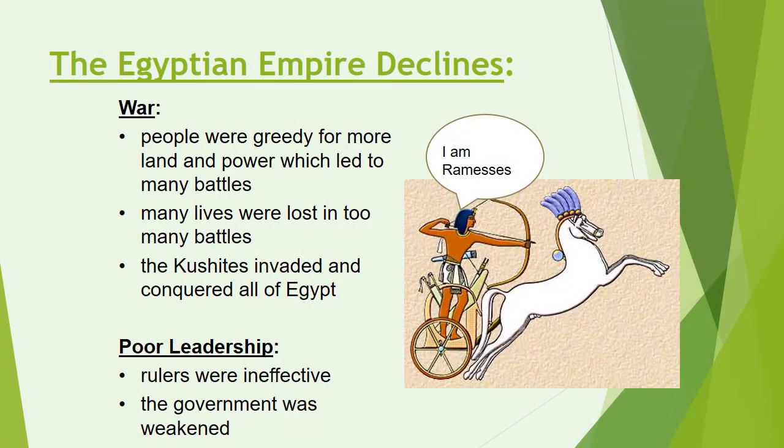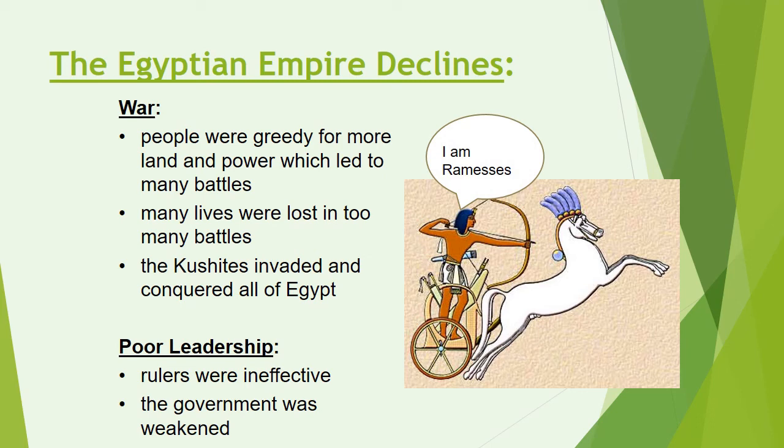The Egyptian empire declines, though. Egypt was an empire, but it gradually declined, and you can see a picture here of Ramesses riding his horse. War. People were greedy and wanted more land and power, which led to many battles. Many lives were lost too. The Kushites invaded and conquered all of Egypt.